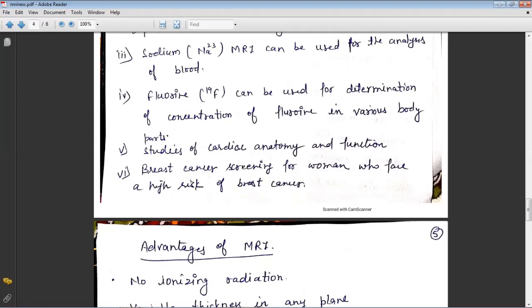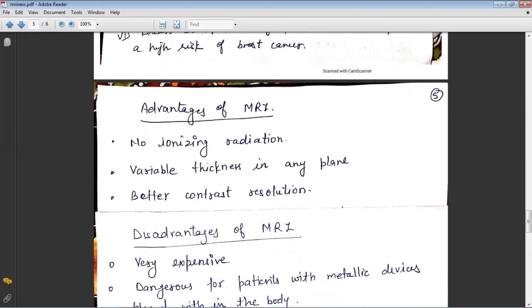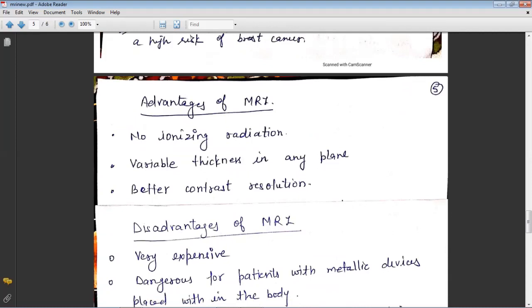So now come to the advantages of MRI. The first is no ionizing radiation, then variable thickness in any plane, and better contrast resolution. Okay, so these are the advantages.